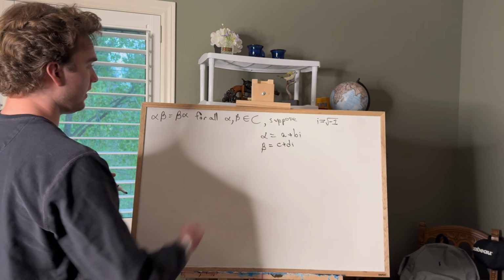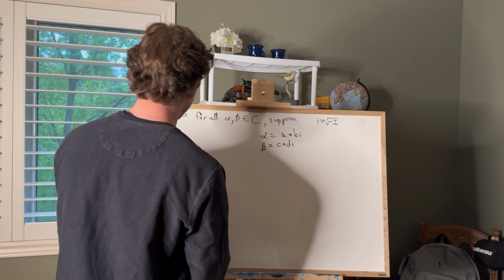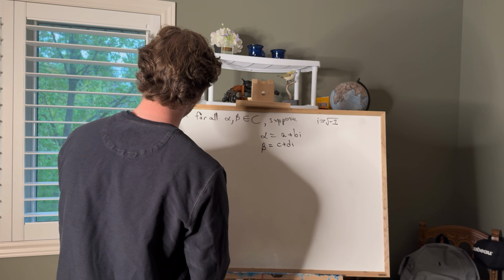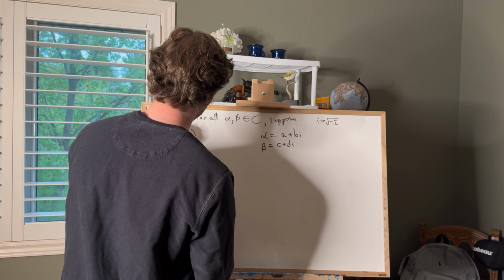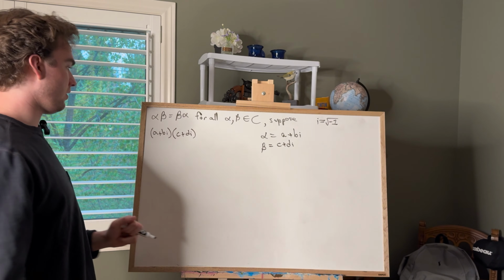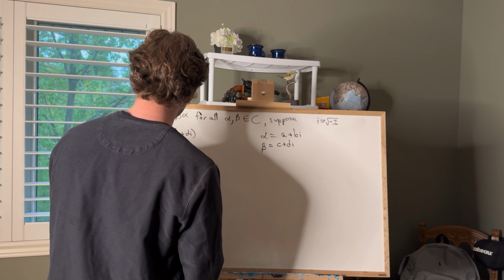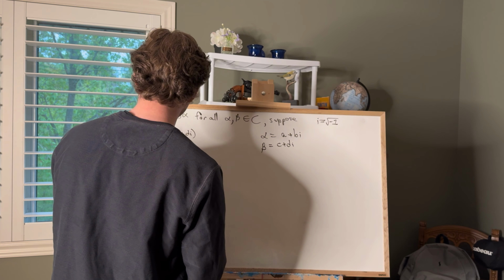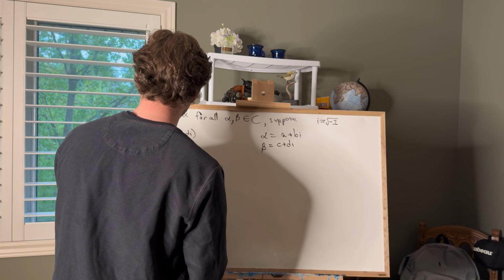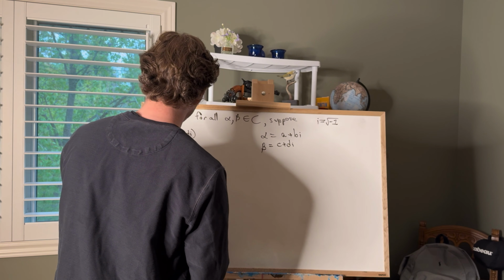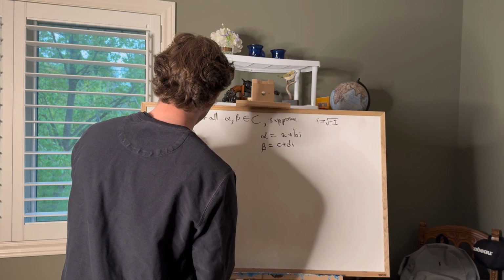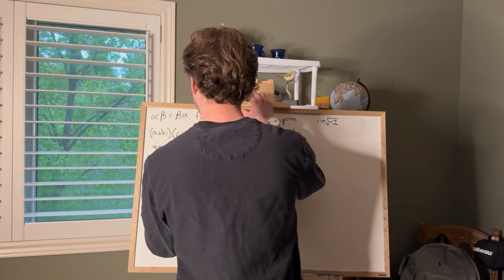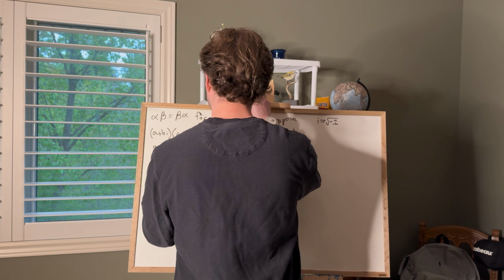So alpha beta is a plus bi times c plus di. And so we can solve this now. Well, that's ac plus adi plus cbi less bd.